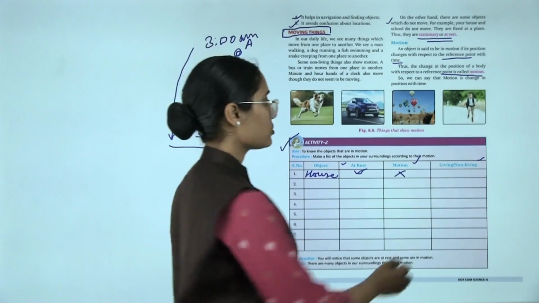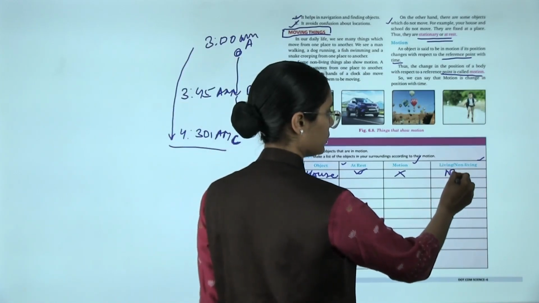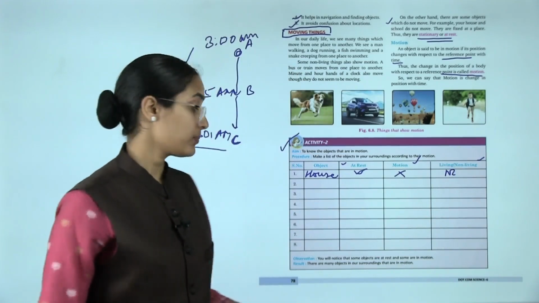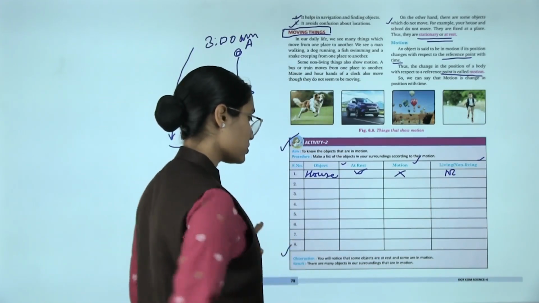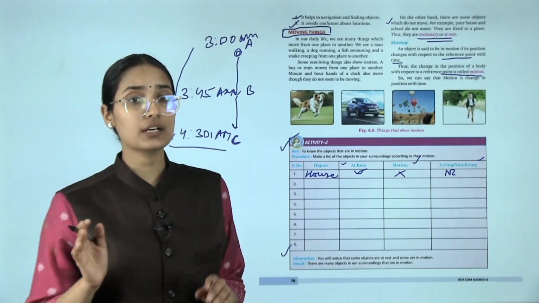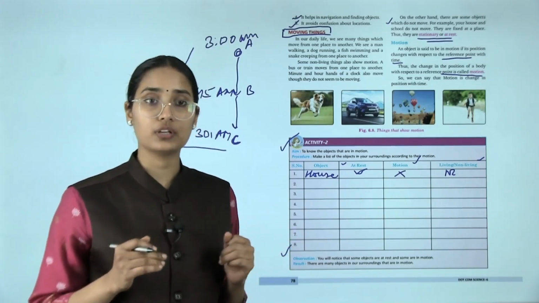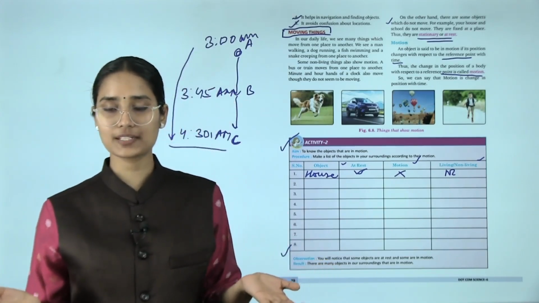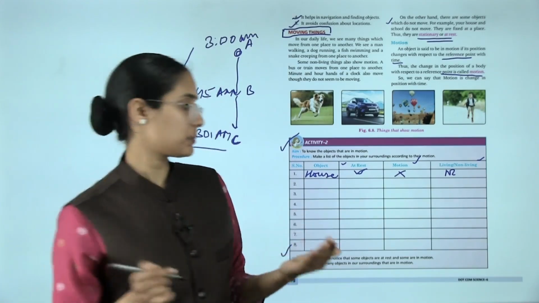Living or non-living, so it is non-living. Similarly, you have to fill this table. By this, you will notice that some objects are at rest and some are in motion, and there are many objects in our surroundings that are in motion. Now, let us go to the next page.